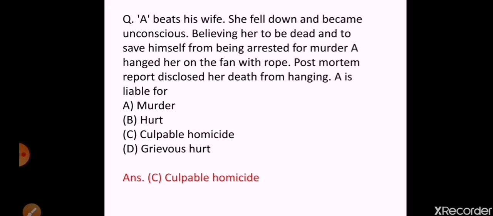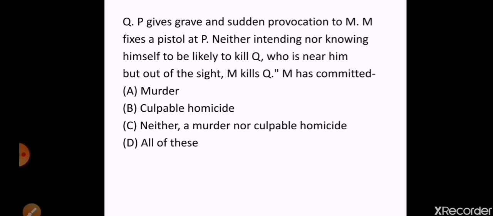The next question is, P gives grave and sudden provocation to M. M fires a pistol at P, neither intending nor knowing himself to be likely to kill Q, who is near him but out of sight. M kills Q. M has committed A. Murder, B. Culpable homicide, C. Neither a murder nor culpable homicide, D. All of these.